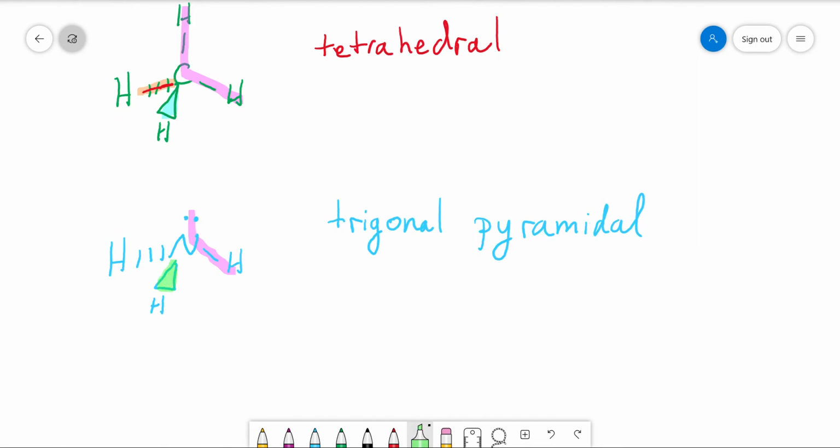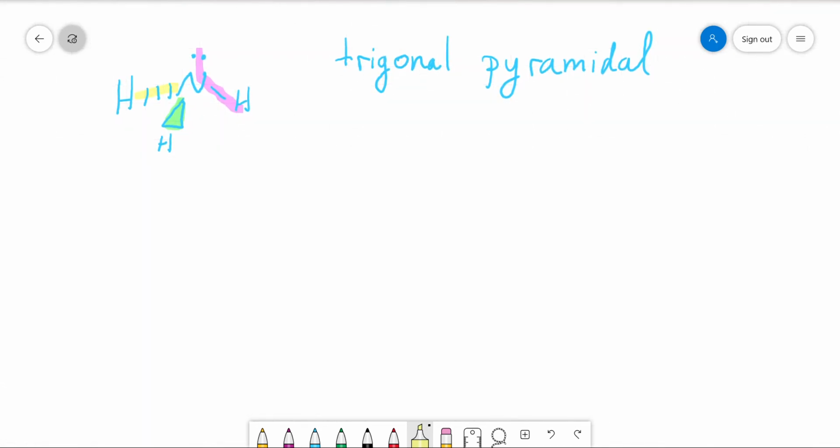The wedge is sticking out at you, and the dashes are going back into the screen. So you can imagine it as a little pyramid. Nitrogen, or the electrons, really would be at the top. The hydrogens are the base of the pyramid. And they're the only things, if we were to set this thing down, the nitrogen would not touch the countertop or wherever you're setting it, whatever surface you set it on. Only the hydrogens would. Okay?